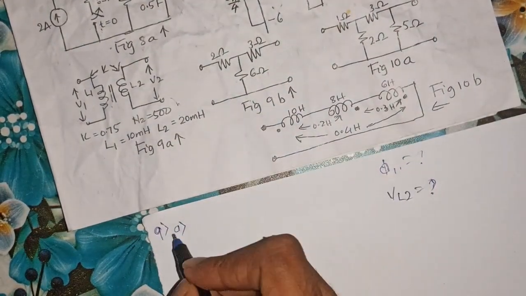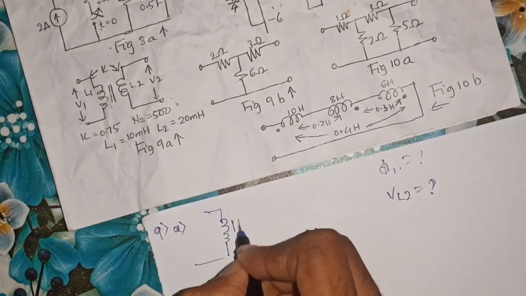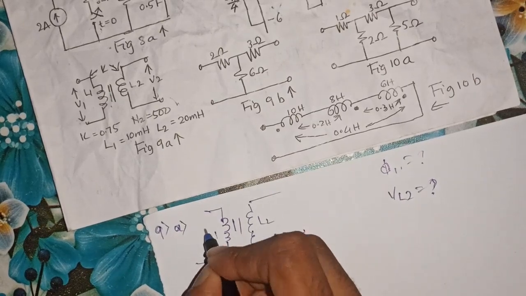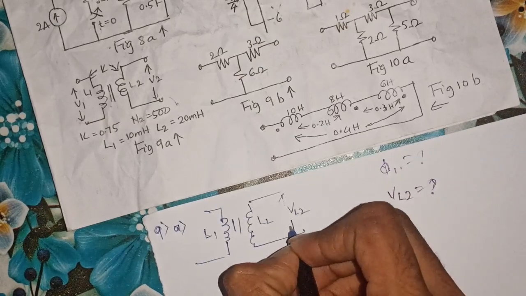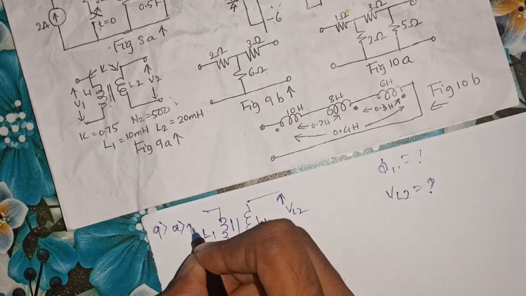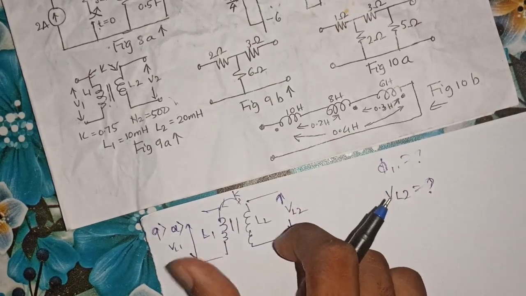So this is the circuit diagram, which is shown here. Coil L2, coil L1, with the voltage induced in L2, and the voltage induced here is nothing but VL1, whereas K is the coefficient of coupling between the two coils.